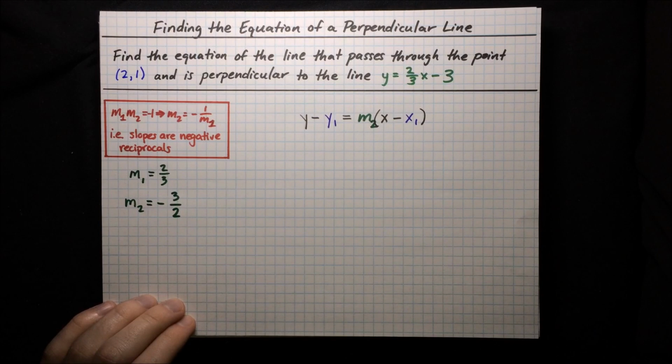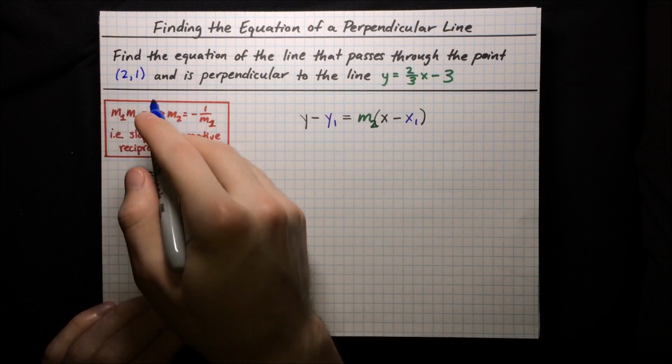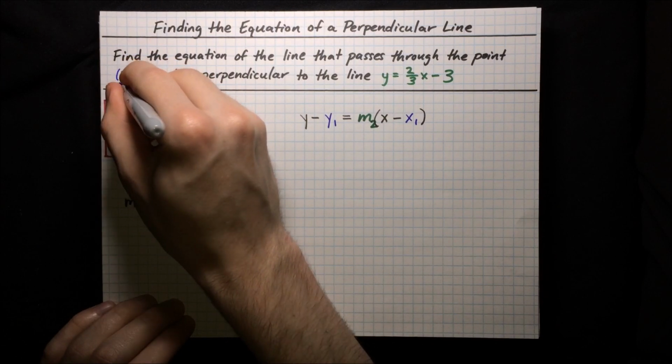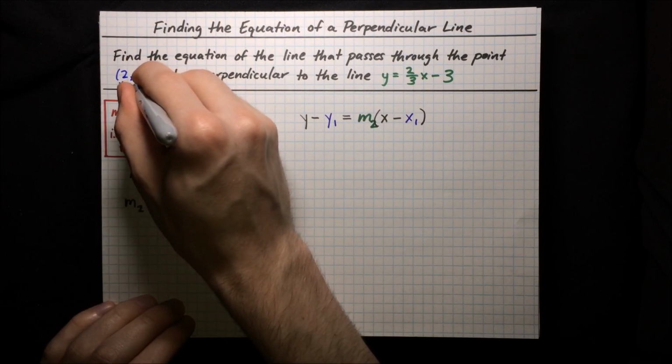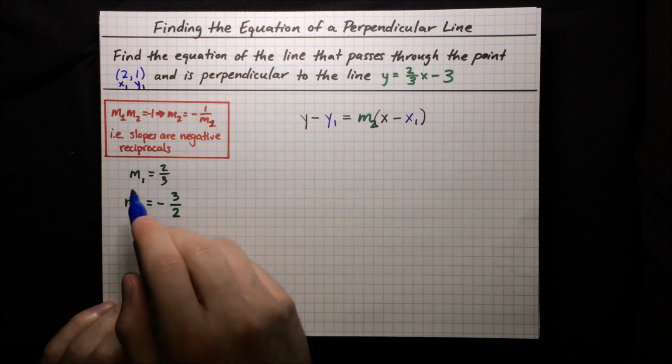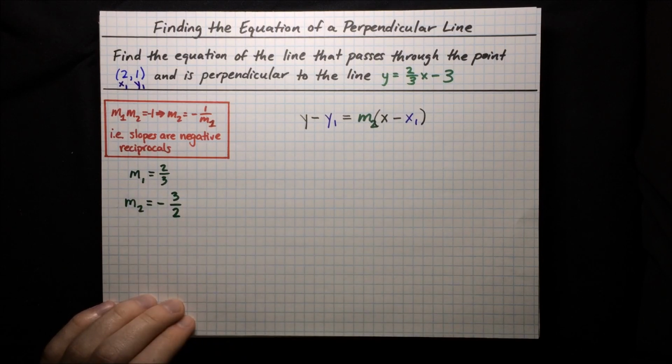Okay, so then we have a point, (x1, y1). That's just this point here, a particular point on our perpendicular line, and we'll just plug all that information into point-slope form.